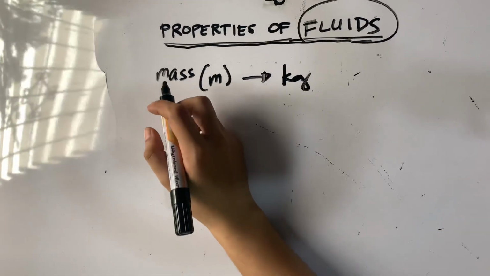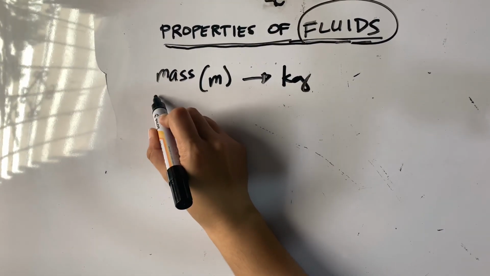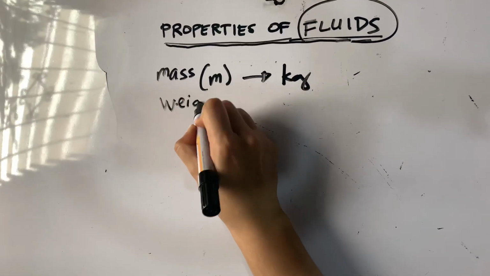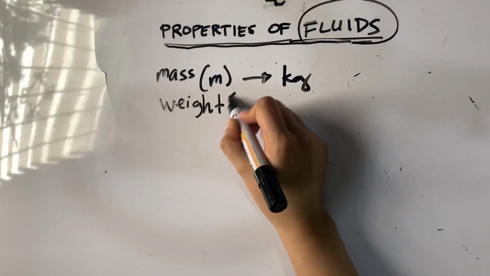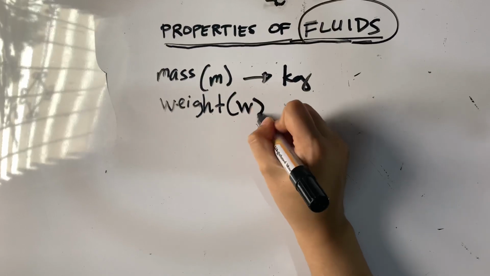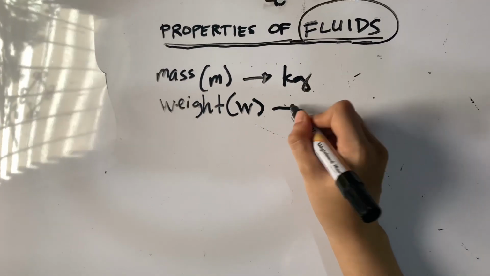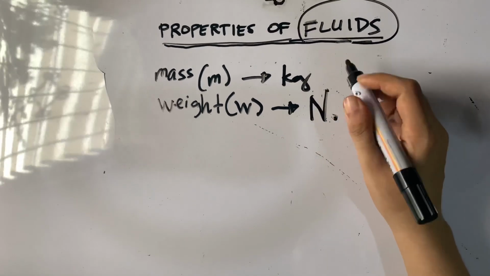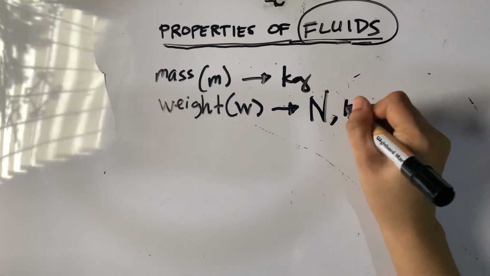Another property of fluid is the weight. Weight is the gravitational pull of mass, and its unit is Newton, or it could be kilonewton also.